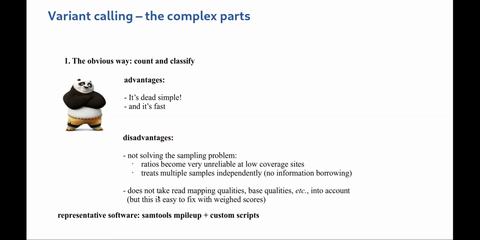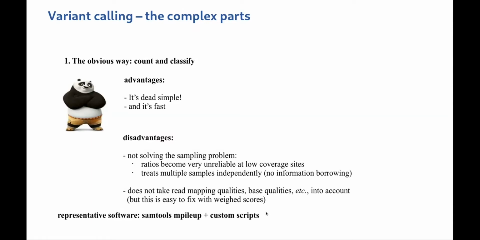Finally, also, our simple algorithm does not take read mapping and base qualities into account, but we know from our first example that this is easy to fix. So just like there, we could now again weigh our observations with the mapping quality, with the mapping error probabilities and base error probabilities, and then use those weight scores to incorporate these measures into our final decision. So that would be rather straightforward to do.